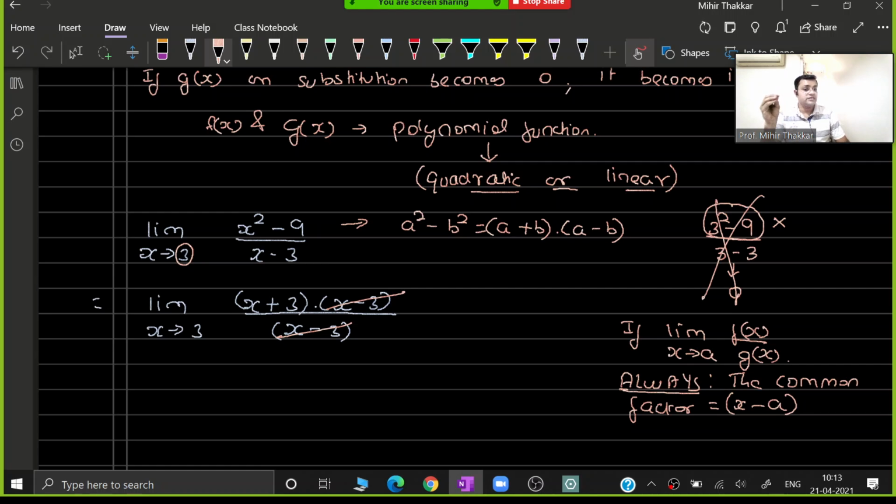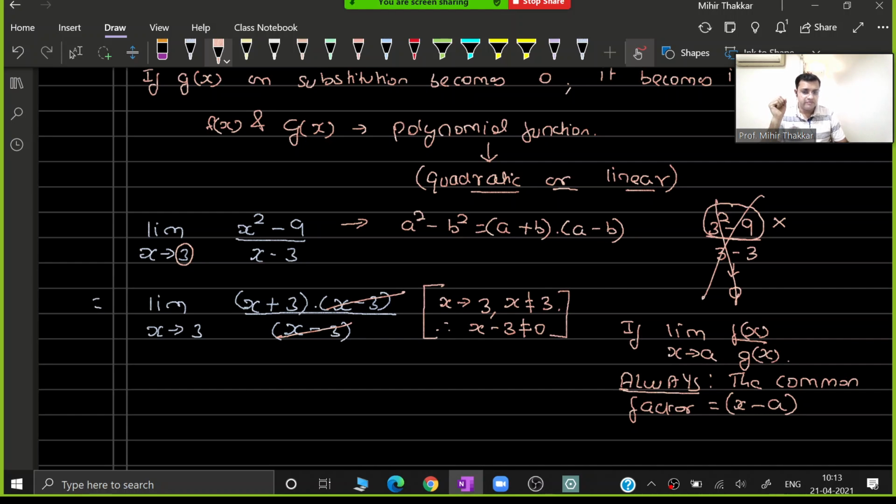As soon as you cancel the common factor, guys, you have to write a very small reason over there. The reason goes like this: x tends to 3 over here, so I will write x tends to 3. Obviously x is not equal to 3, and therefore x minus 3 is not equal to 0.